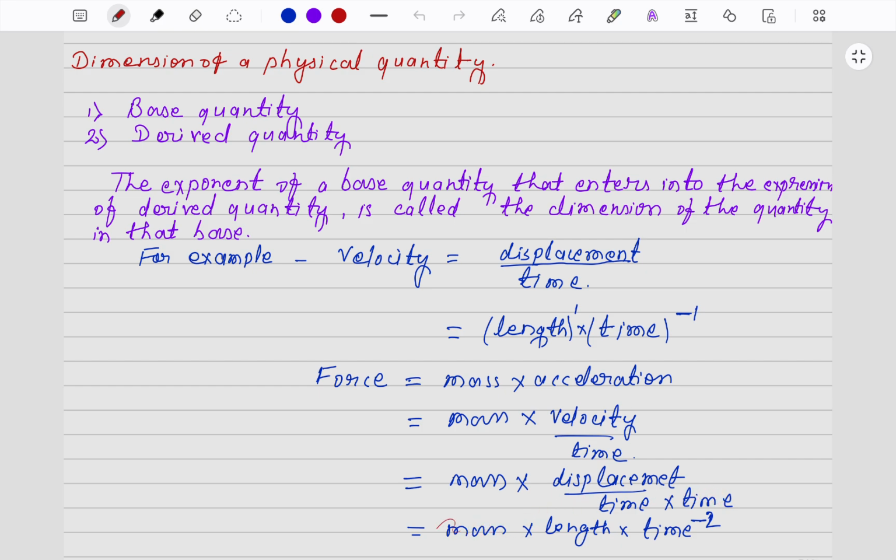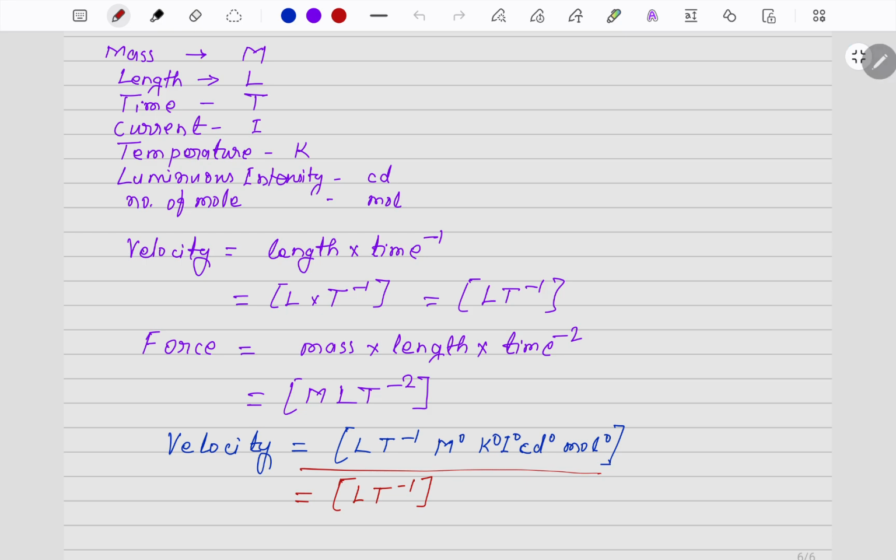So overall we can write mass into length into time to the power minus 2. So the dimension of mass in force is 1, the dimension of length in force is 1, and of time is minus 2.